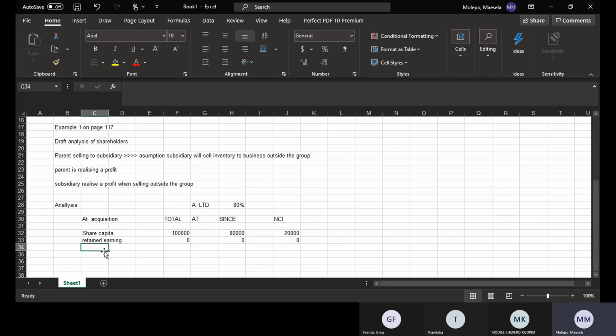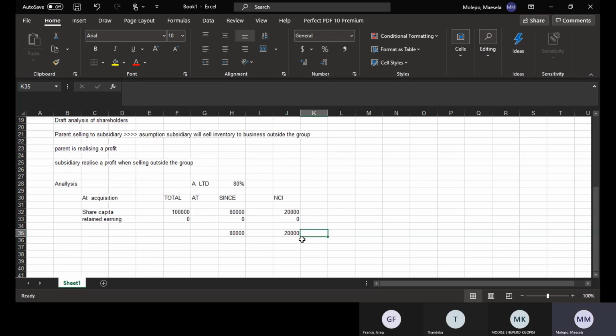Then we have our total here: 80,000, and 20 on the other side.